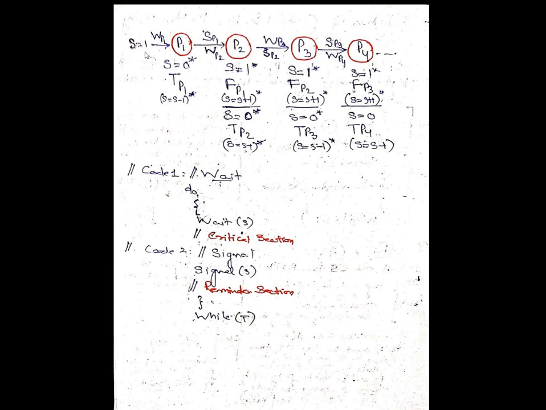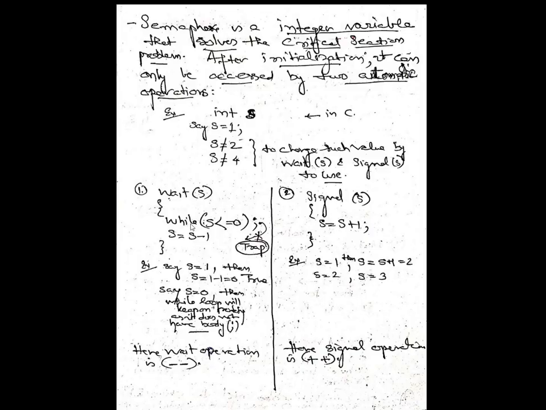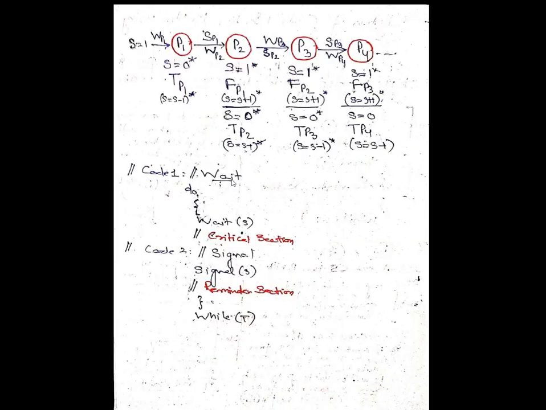Let's see from here. Let us take a case that S is equal to 1. First take the case S is equal to 0. If S is equal to 0, what will happen? This condition is fulfilled, then it will be in the trap condition. That means this while loop will be in that particular case.